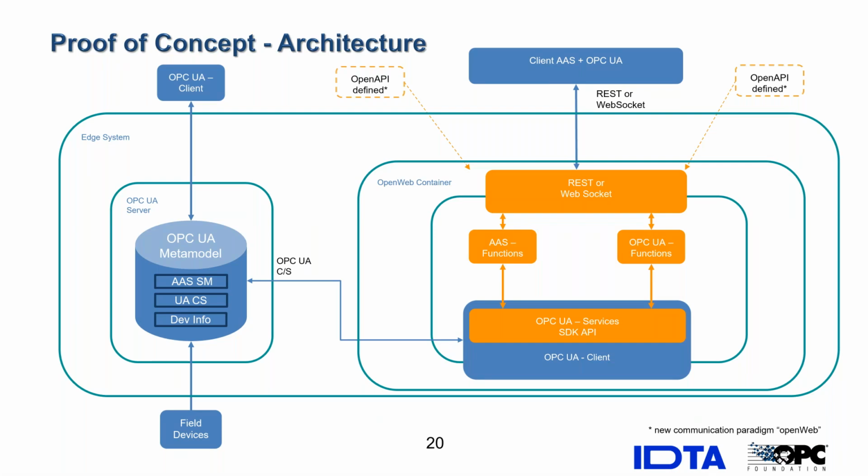Now, after a connection is established, a client can send the AAS or OPC UA requests via one interface. Inside our container, we then have to distinguish between two paths, and this is because OPC UA and AAS are a little bit different. In case of OPC UA, the request can be translated to a corresponding OPC UA binary call.